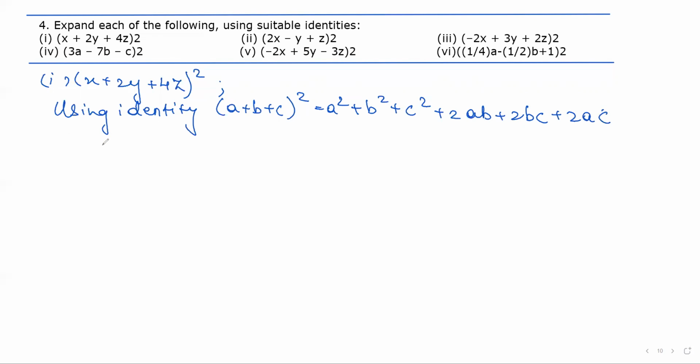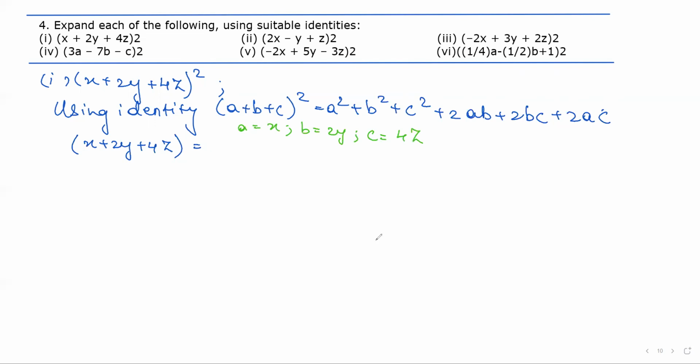Therefore, the given identity becomes x plus 2y plus 4z is equals to, comparing, we have a is equals to x, b is equals to 2y and c is equals to 4z.